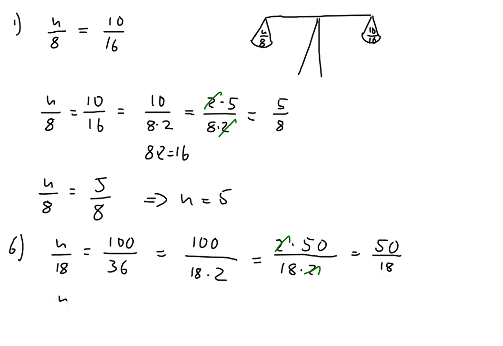And we have n divided by 18 should be 50 divided by 18. So the denominator is the same. That's why we factored out the 2 here below. And then if the denominator is the same, the numerator should also be the same, else this equation would not hold. So therefore n is 50. Okay.